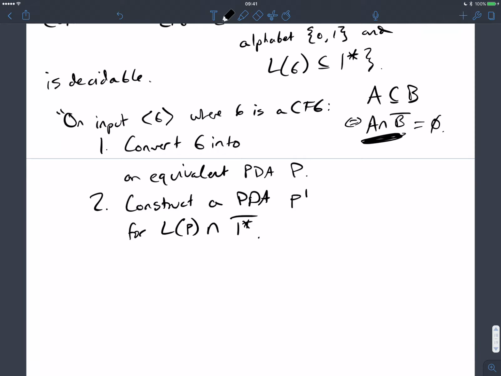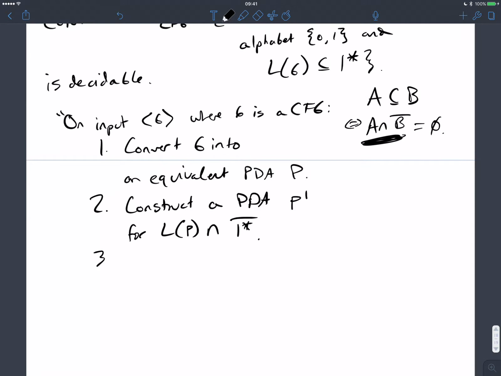Could I check whether a PDA or CFG's language is empty? Well, we have a decider for what though? We only described one for CFGs. We didn't describe one for PDAs, but is that a problem? No, what can I do? Convert it back. Good.